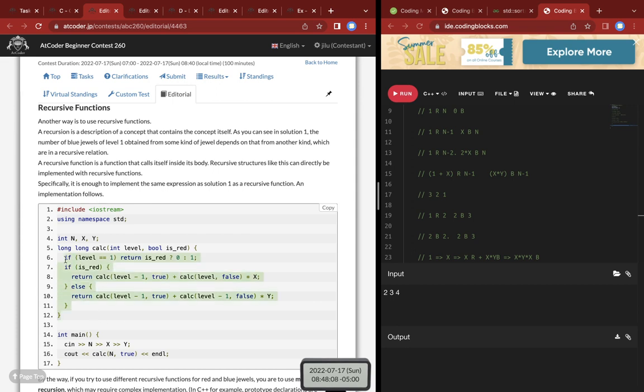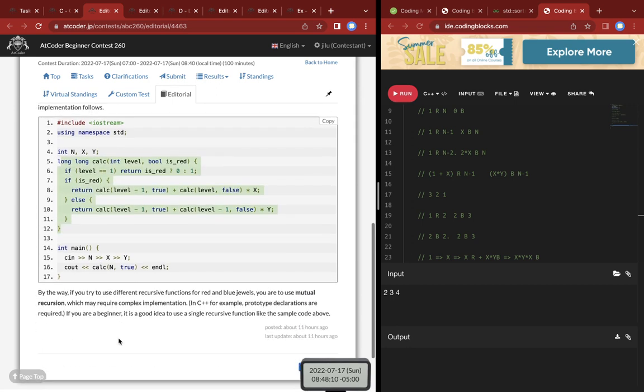Oh, nice way. But if you try to use different recursive functions for red and blue jewels, you have to use mutual recursion, which may require complex implementations. For example, prototype declarations are required. If you are a beginner, it is a good idea to use a single recursive function like the sample program.